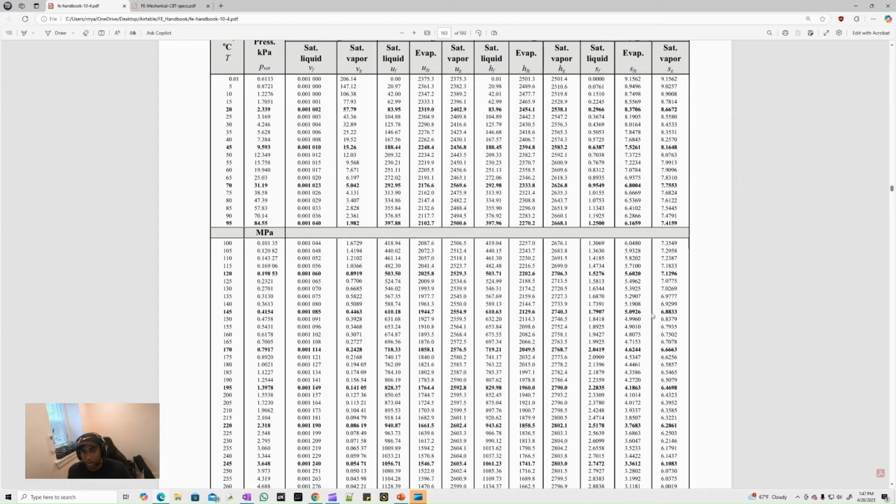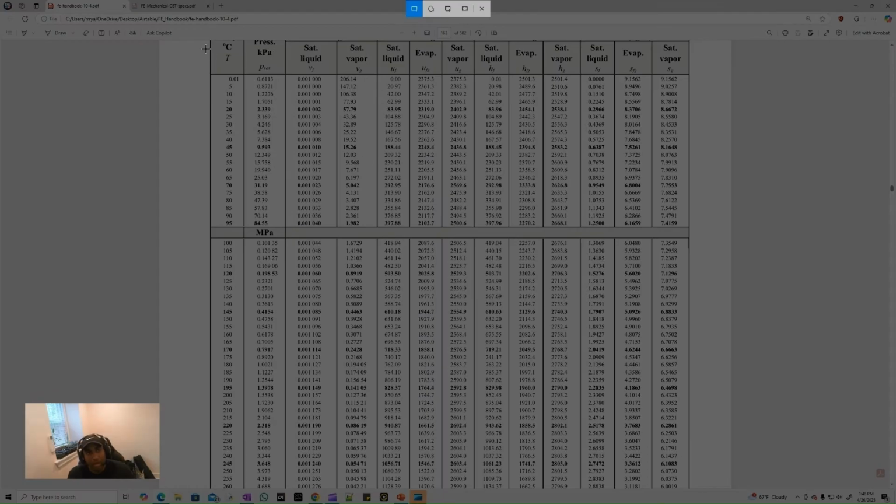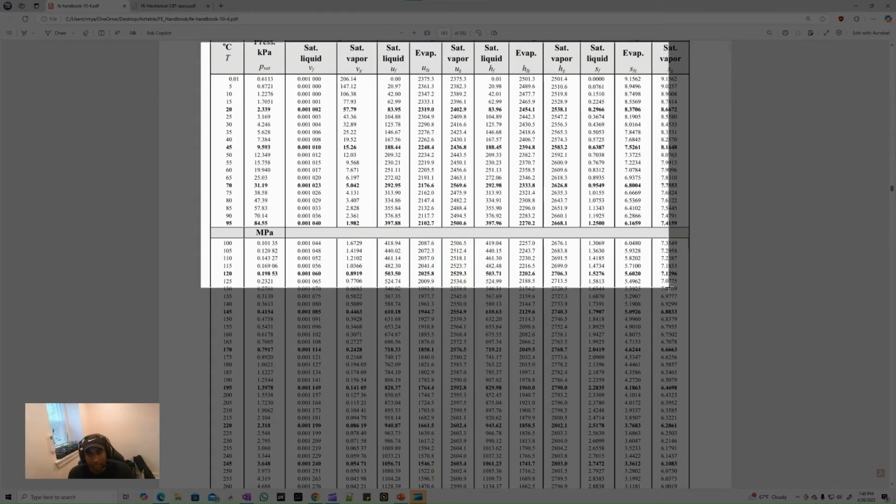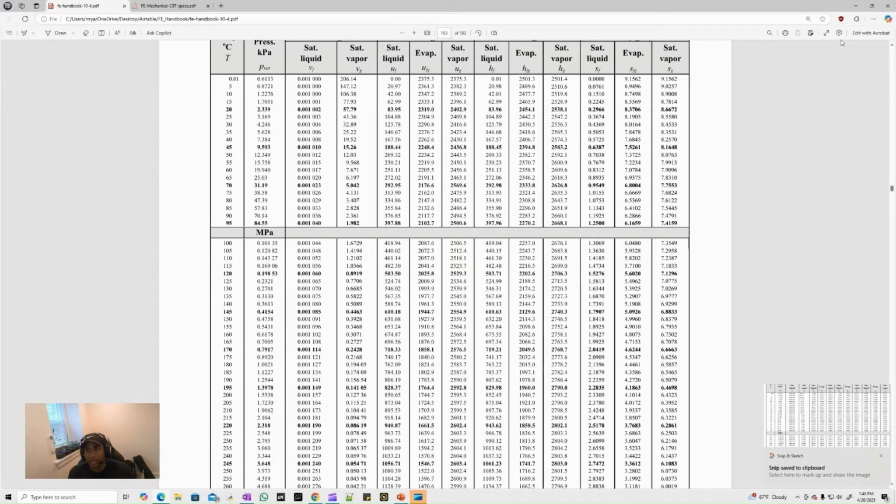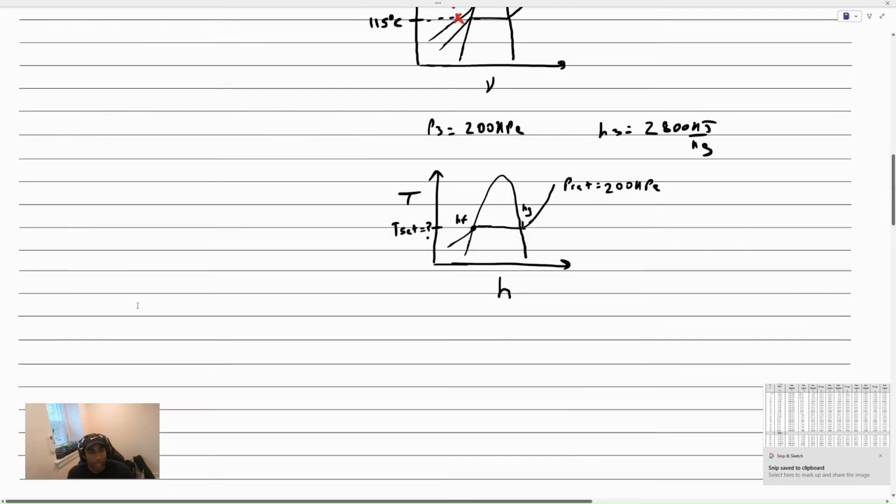So if we go ahead into our property tables again, what I'm seeing is that at a pressure equal to 200 kPa, which is somewhere between these two pressures of 198 and 232, I'd have some enthalpy properties which I could extract and compare to my enthalpy that I was given. I'm going to screenshot this table here. That's this stuff right here. And we're going to paste it down here.